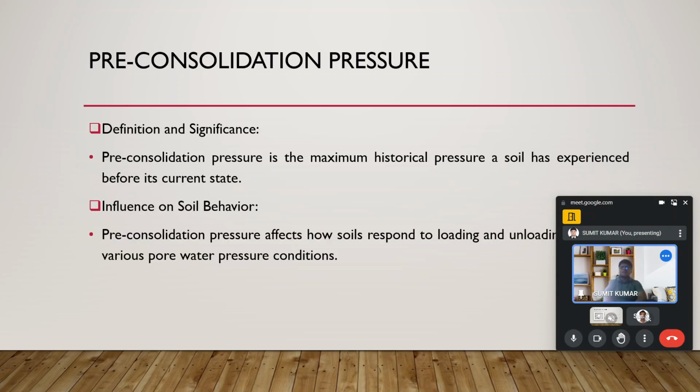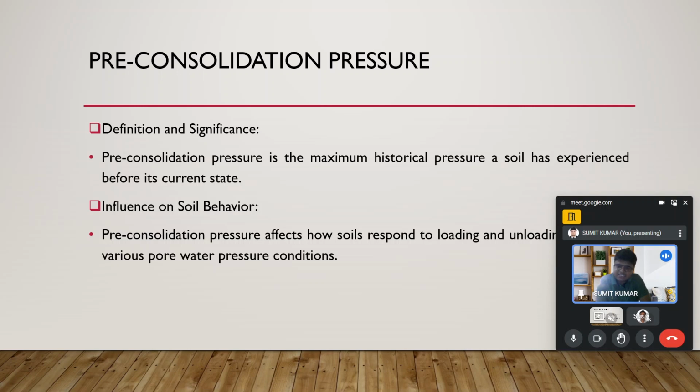So first of all, we start with definition and significance. Then we go ahead. First of all, the pre-consolidation pressure is the maximum historical pressure a soil has experienced before the current state. Specifically, you must go across the pre-consolidation ratio. So, what is the pre-consolidation ratio?